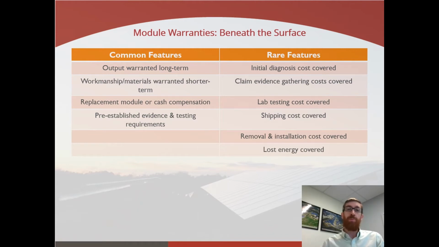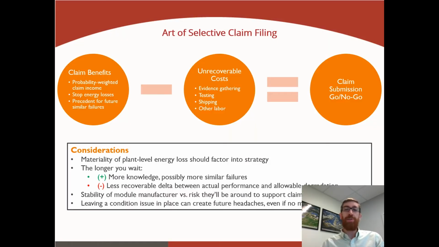So moving on, what we just talked about on the warranties themselves really helps us think through when we should file a warranty claim, because you have to think about all of the features of the warranty and how they stack up. What costs will be incurred during the process by each party, and how do those look when we offset them against the losses that are being incurred as a result of the actual module issue?